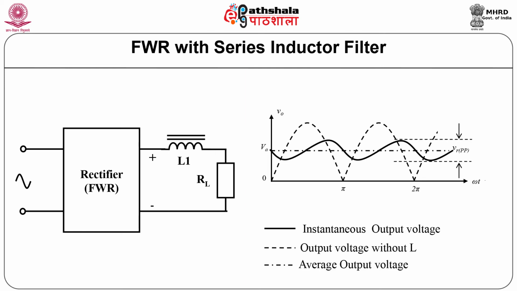This is used for higher currents. But here the average voltage is slightly reduced and current ripple is high. Current is also reduced because of the inductor, so it will reduce the high inrush current.